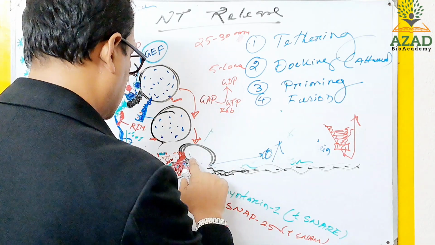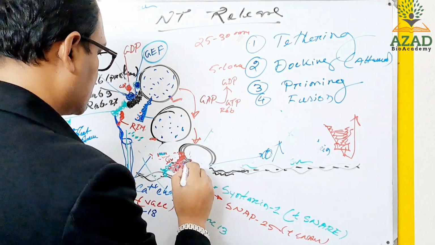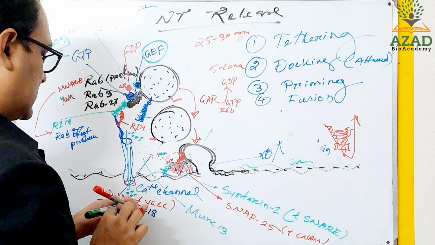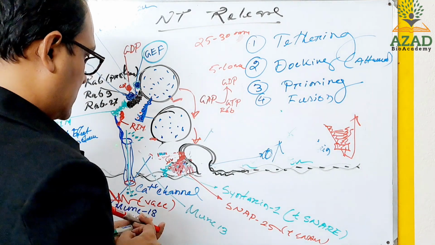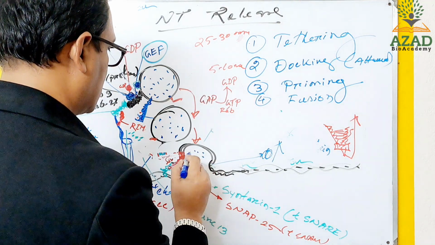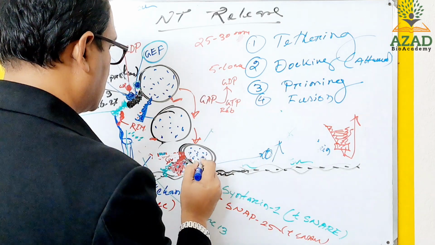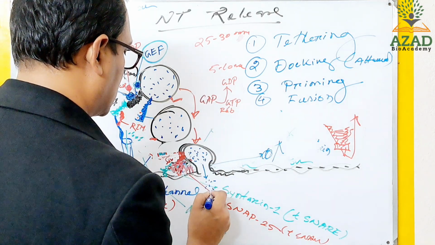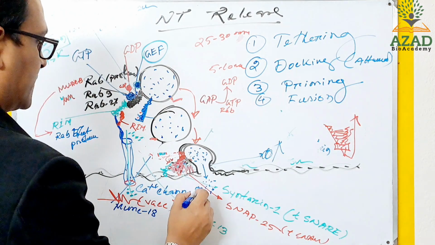I will draw in that way. Okay, and here the neurotransmitter will come out by the exocytosis process.